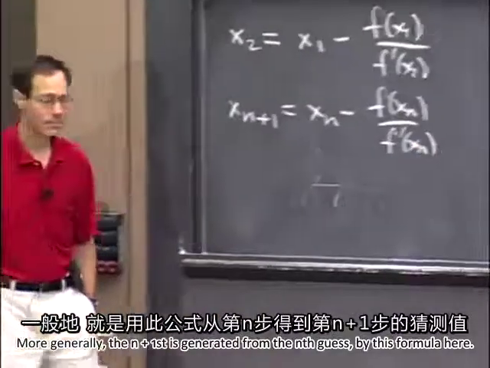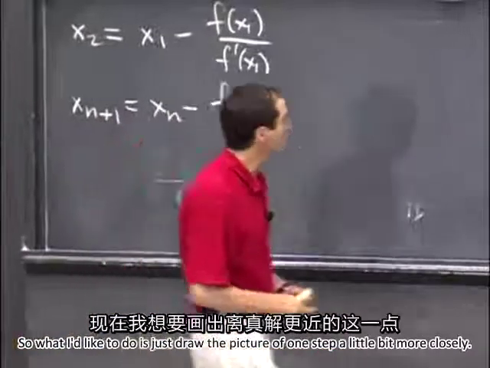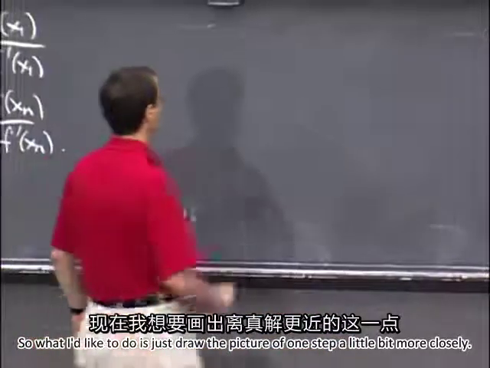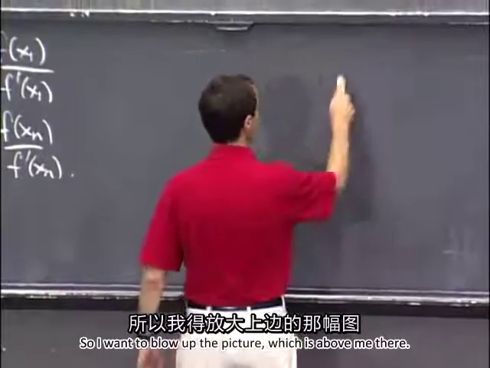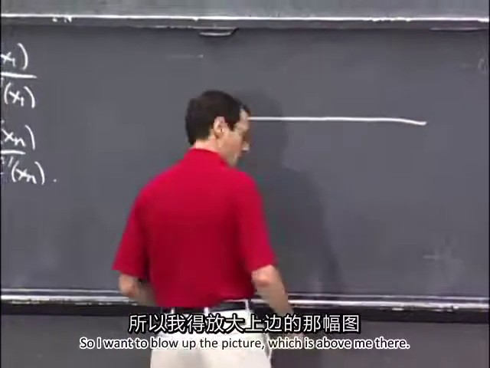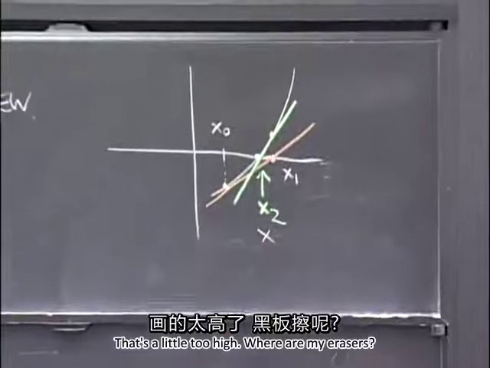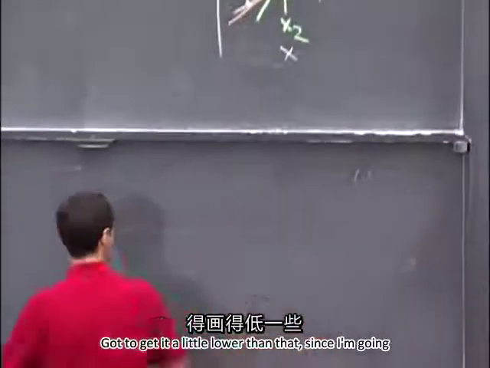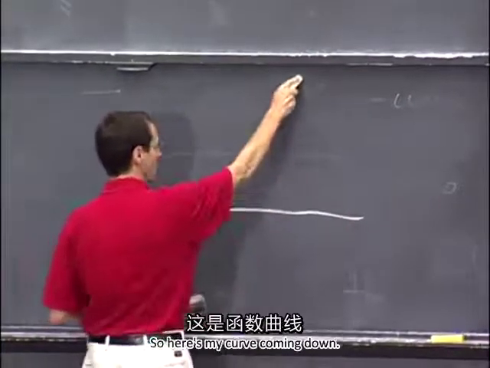All right? So what I'd like to do is just draw the picture of one step a little bit more closely. So I want to blow up the picture which is above me there. I've got to get it a little lower than that since I'm going to depict everything above the line here. So here's my curve coming down.